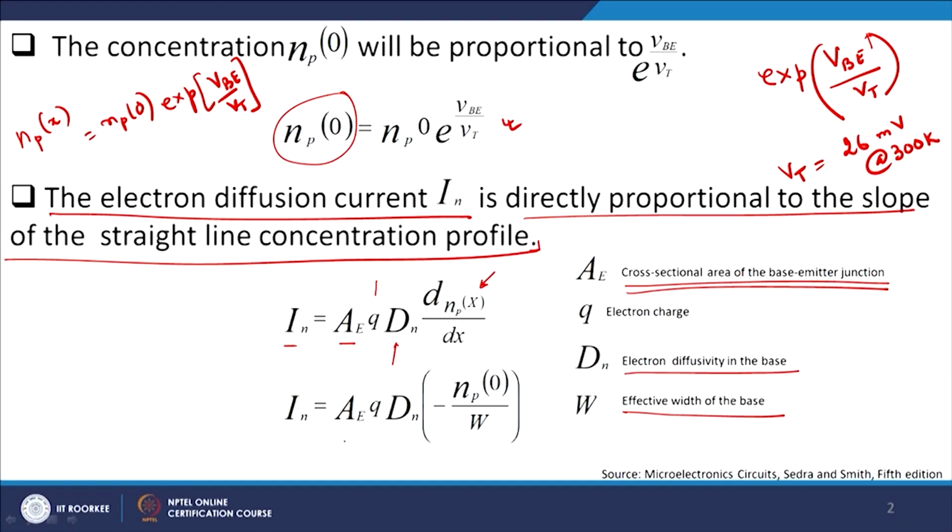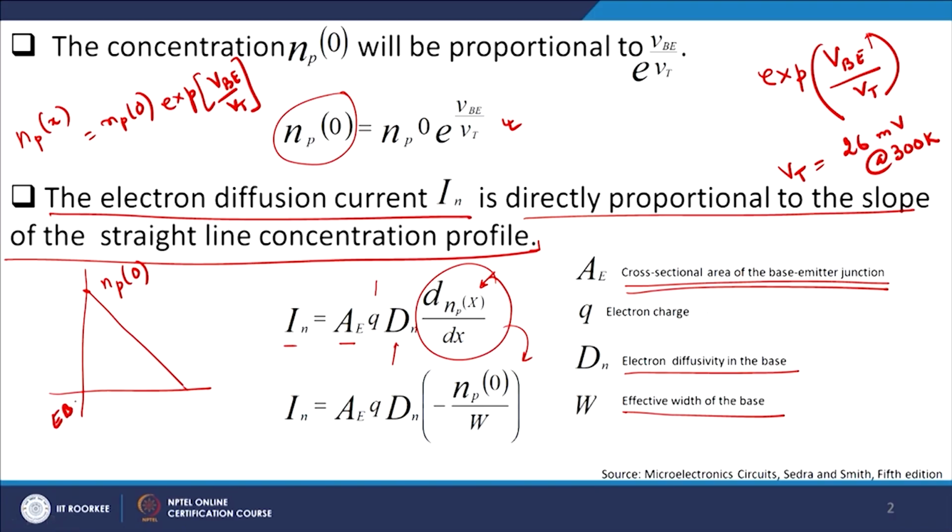So, you see In, if you take this equation, comes out to be minus Np0 by W, and the reason is very simple, because we have assumed till now that the drop in concentration will be almost a linear drop, right. If it is a linear drop, then it is very easy to find the slope of a linear graph, provided you know this is your Np0, which means the concentration of minority carriers at the edge of the emitter base junction.